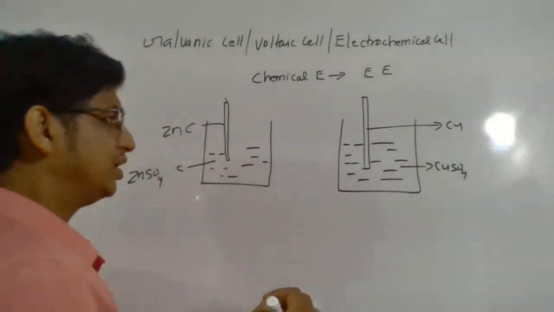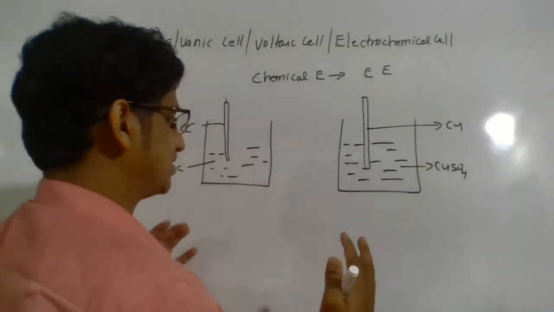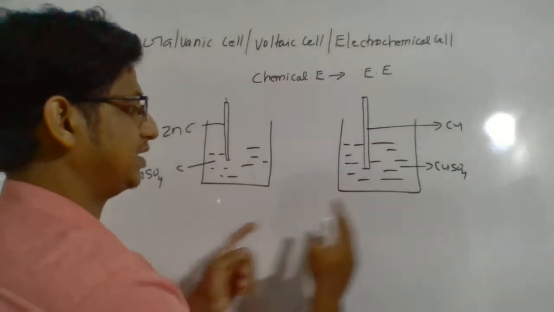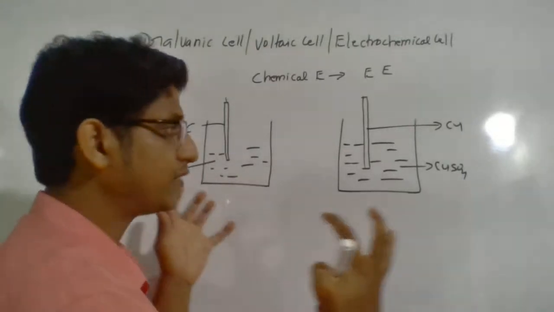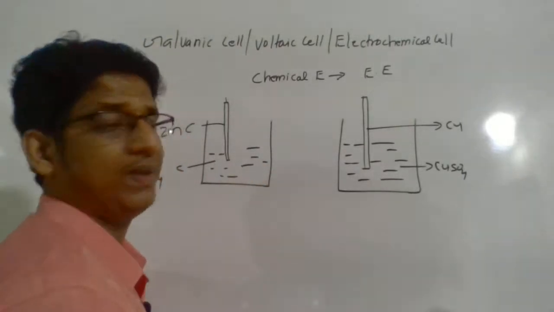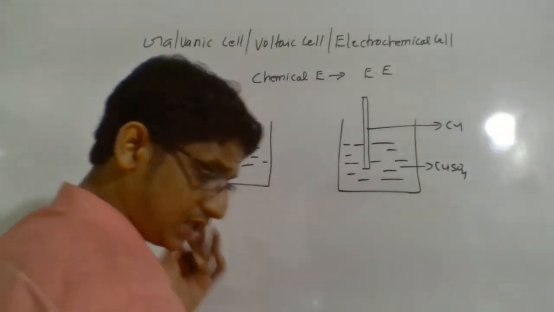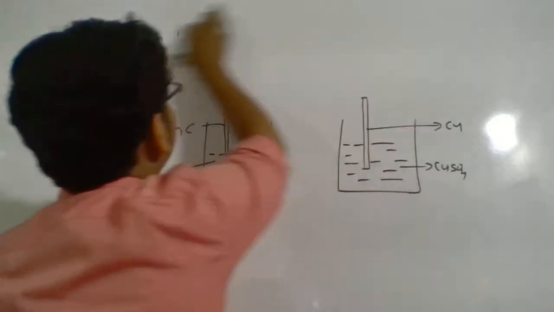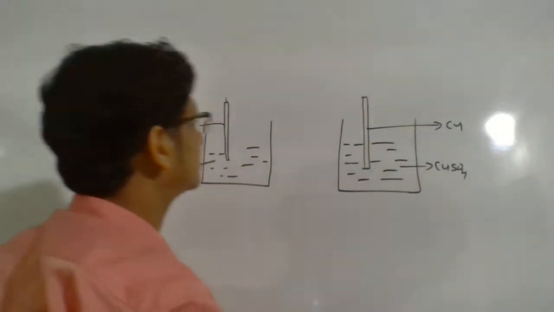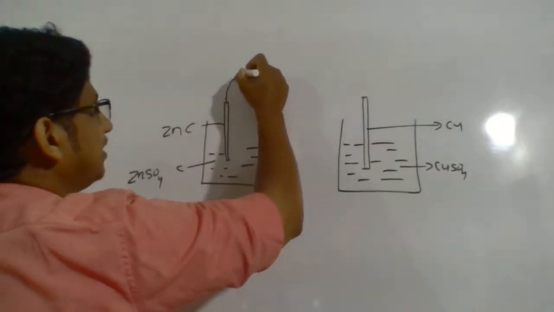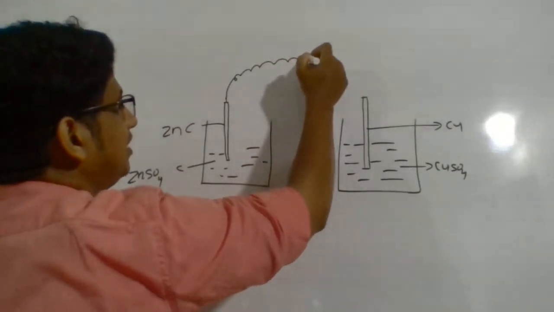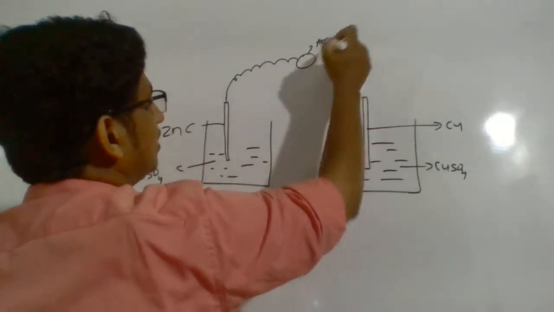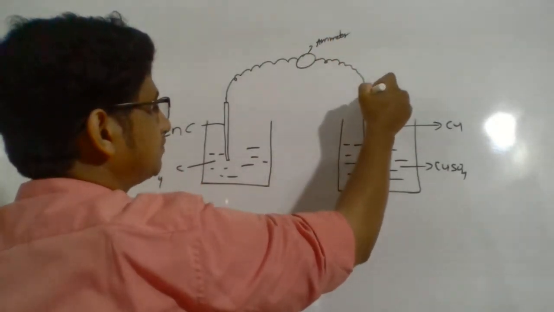Now we connect these two half cells. This is one half cell, and this is the other half cell. Two half cells combine to get a complete cell. We connect these two half cells through a metallic wire, and a meter is placed in between the two half cells.